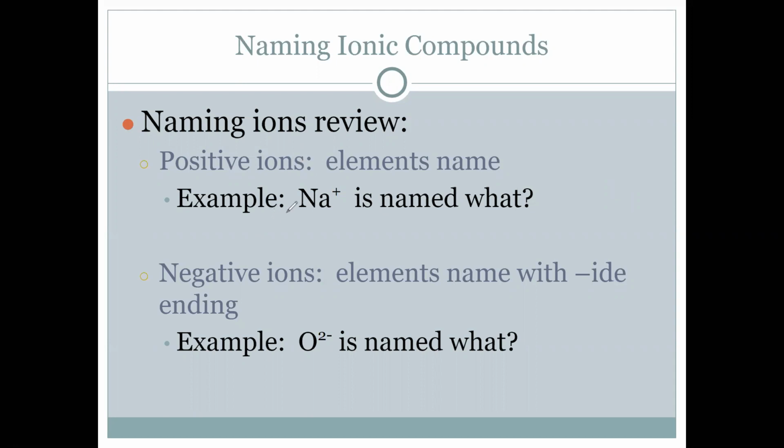We just call this the sodium ion, because this is the sodium element as an ion with a charge. The negative ions, again, are named with your IDE ending. So instead of oxygen ion, we would name this the oxide ion, okay?